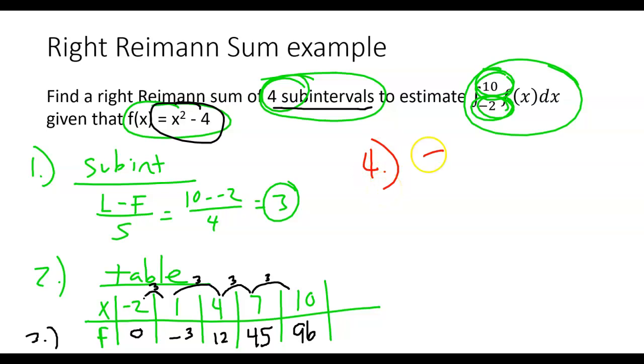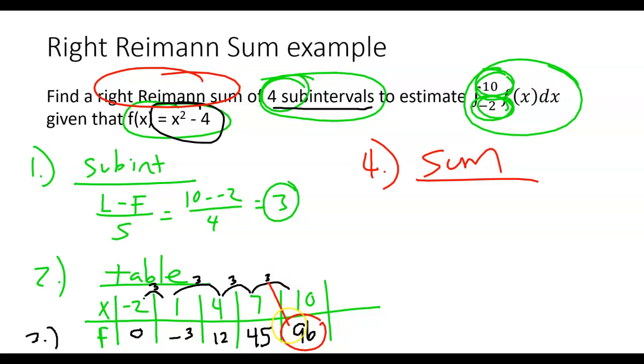All right, there's that. All right, now the next thing that we do for step 4 is we do the sum. Okay, now the sum depends on what kind of Riemann sum you're doing. So for a right Riemann sum, we start on the right side and we multiply it times the base. So what the bottom number represents is the height of your rectangle. And what these subintervals represent are the bases. And so the height of each rectangle will be what's in the y column.